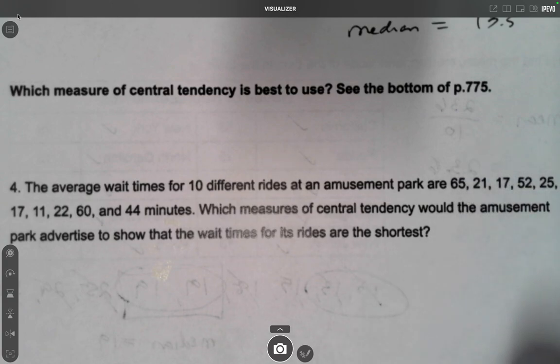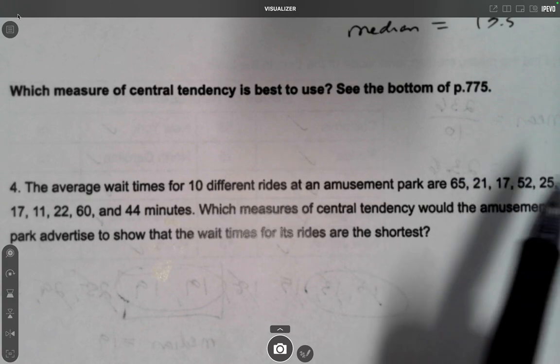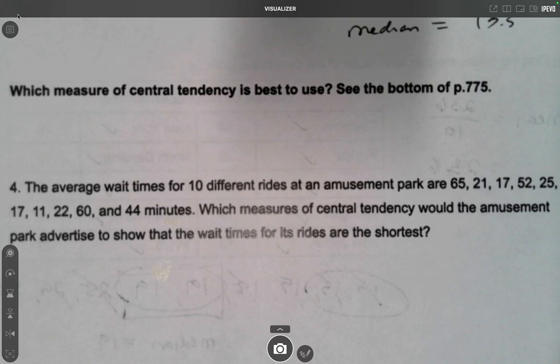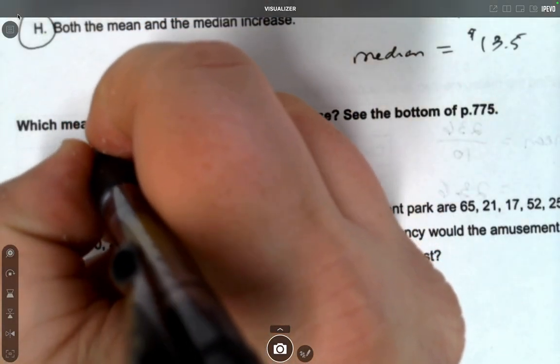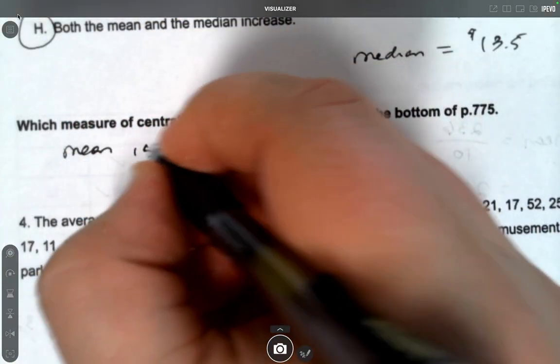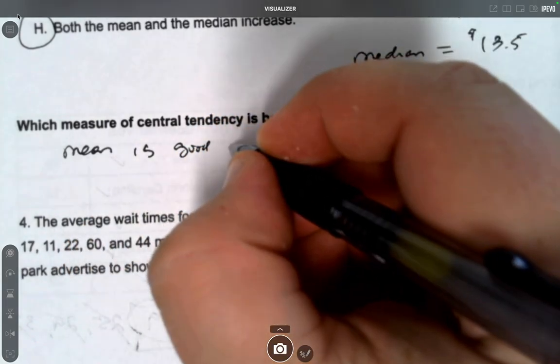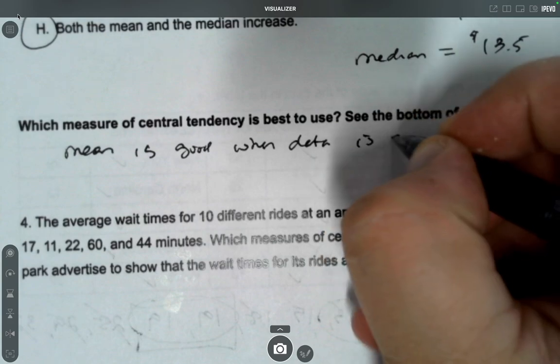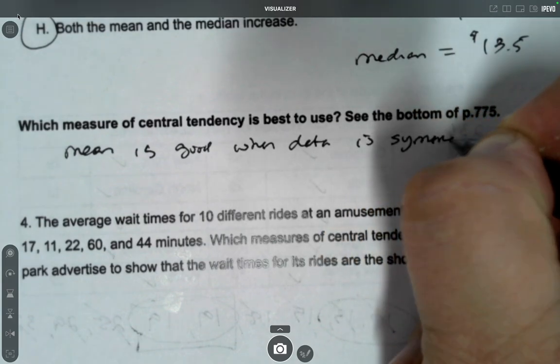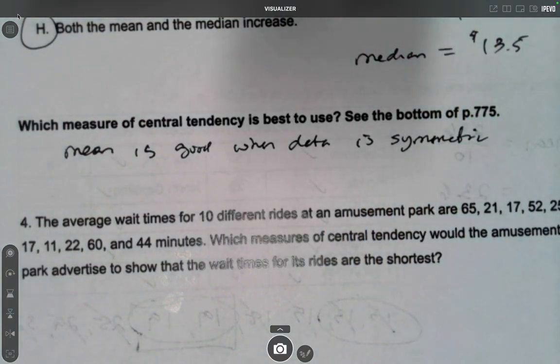The mean is very good when the data is essentially symmetric. So when you look, things are pretty evenly spread out, is what that means. So the mean is good when the data is symmetric. And by symmetric, you can just think of it as pretty evenly spread out.